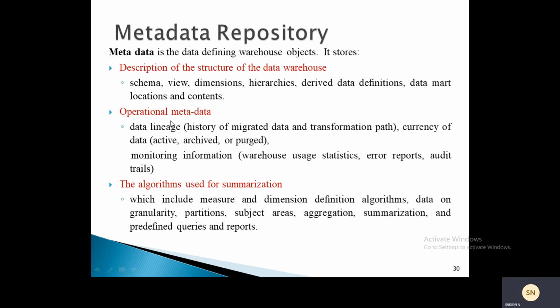Then operational metadata: the history of migrated data and transformation path, currency of data, and monitoring information. It should have data lineage and monitoring information. This metadata should also have algorithms for summarization, which include measure and dimension definition algorithms, data on granularity, partitions, subject areas, aggregation, summarization, predefined queries, and reports.